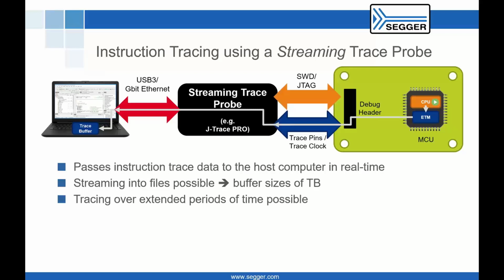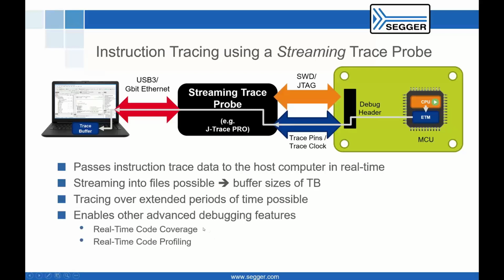Because some of these bugs only happen so sporadically that with a smaller buffer size, you might not capture them. But with a streaming trace probe, you can capture so much trace information that you should be able to catch those really tricky bugs. And obviously, having the streaming instruction trace also enables some other nice debugging features.